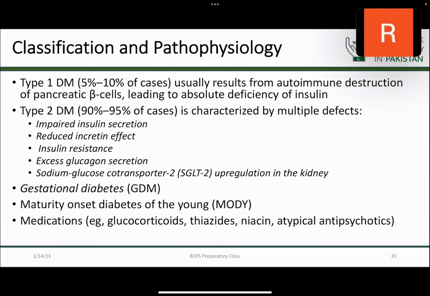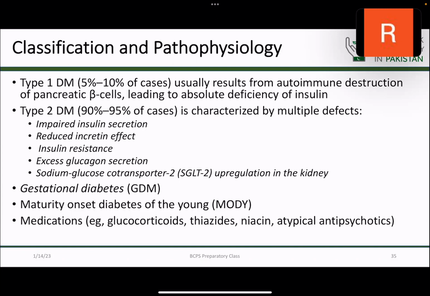There are multiple defects in type 2 diabetes. For example, there is a problem of insulin secretion, reduced incretin effect, insulin resistance, excess glucagon secretion, and sodium glucose co-transporter 2 upregulation in the kidney. So the pathophysiology is not as simple as in type 1 diabetes mellitus.